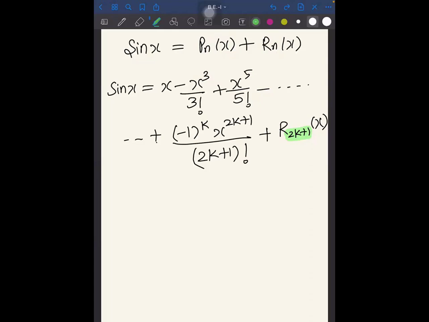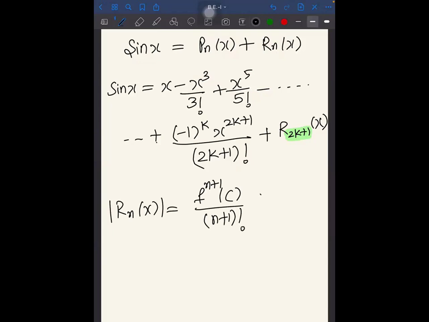Now see this. Now your Rnx is actually written as f^(n+1)(c) upon (n plus 1) factorial into (x minus a) raised to power n plus 1. Okay? Yes, sir. So in place of n, we will take what? 2k plus 1. So this becomes your f^(2k+2)(c).